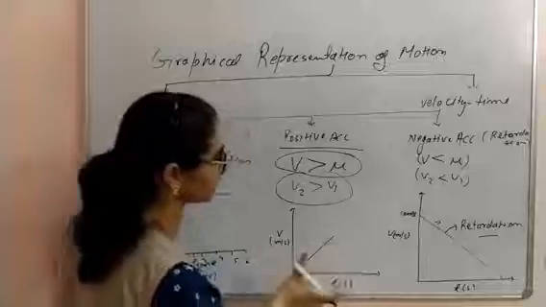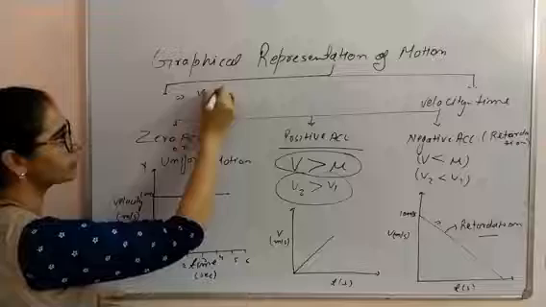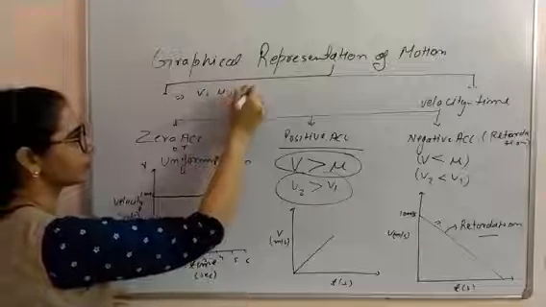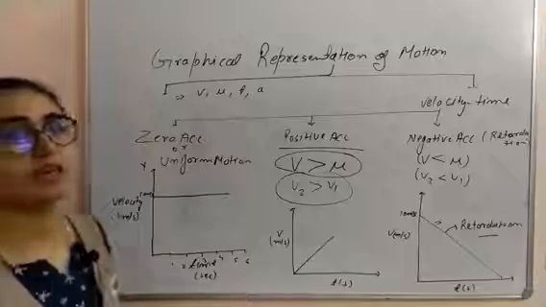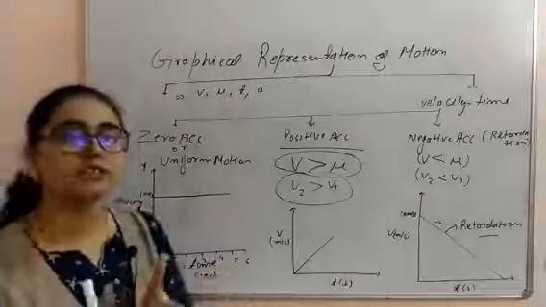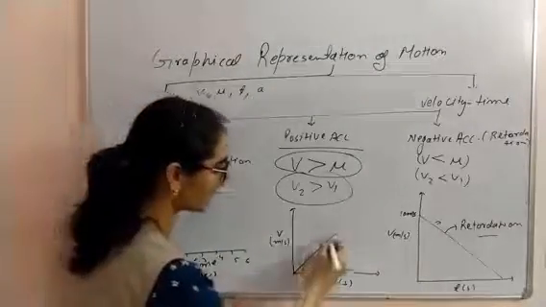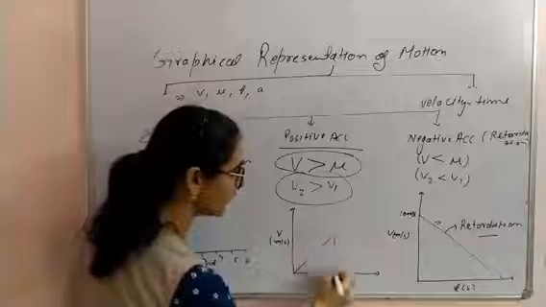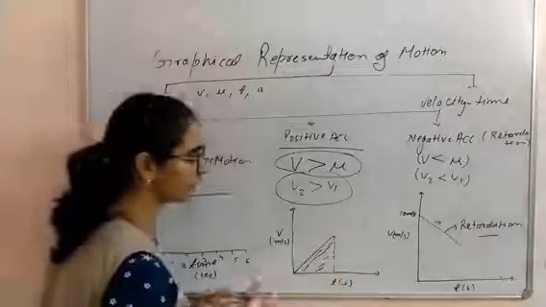Now one more important thing over here. From the VT graphs, what information are we getting? We are getting final velocity, initial velocity, time, and acceleration. What is left? The distance covered by an object during the acceleration or retardation. We can calculate the distance by calculating the area under the slope. The distance will be equal to the area under the slope.